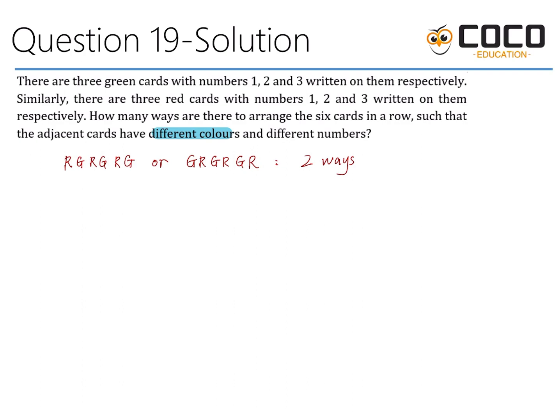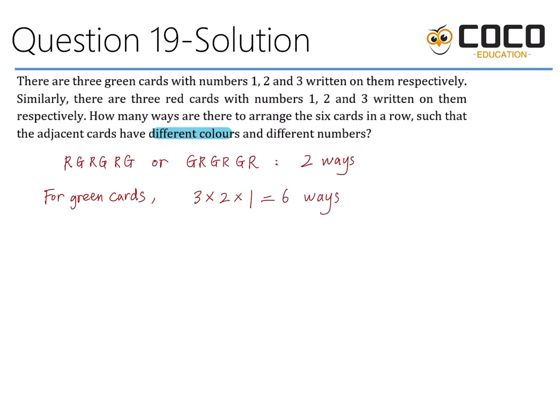So let's say we start from the green cards. So if we only consider the 3 green cards, first one can be 1, 2, or 3, so 3 ways. Second card, we are left with 2 numbers, so 2 ways. Third card is 1 way.